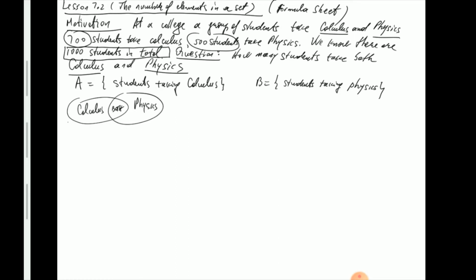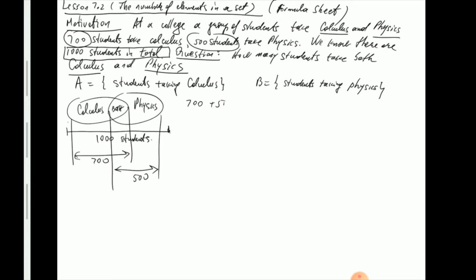You know there are 1,000 students in total. If I count them all together only once, there are 1,000 students. Those who take calculus are 700 of them, and those who take physics are 500 of them. But if I add 700 plus 500, I count the overlap, those taking both, twice. I hope it's clear from this diagram what goes on.